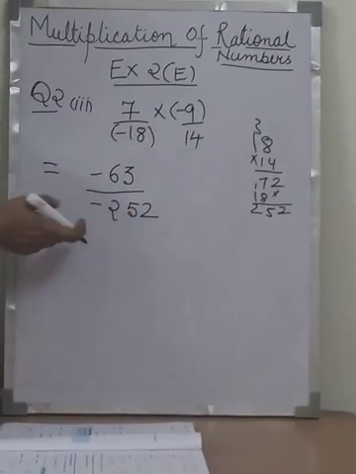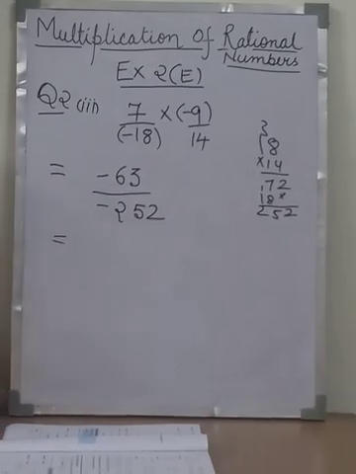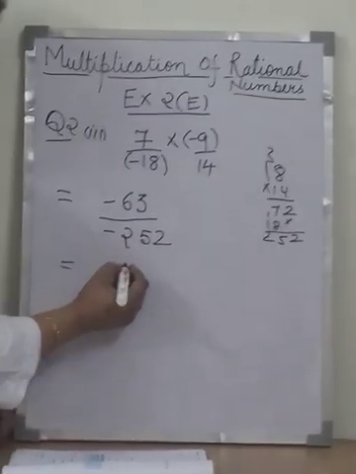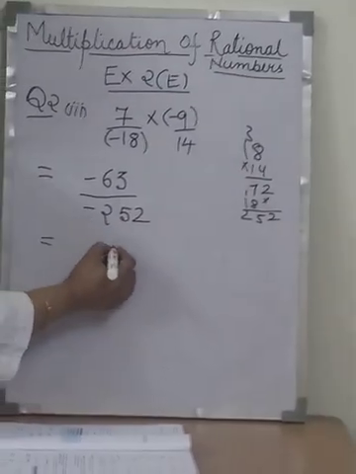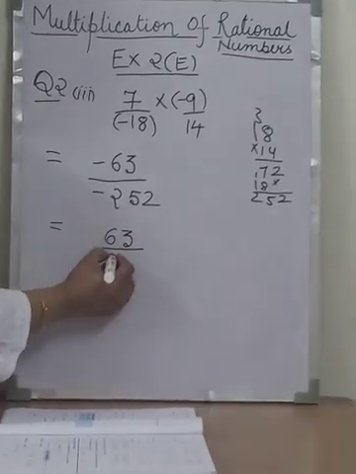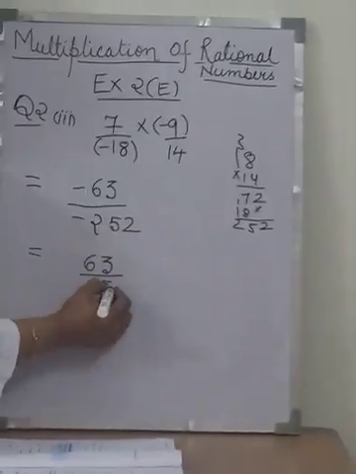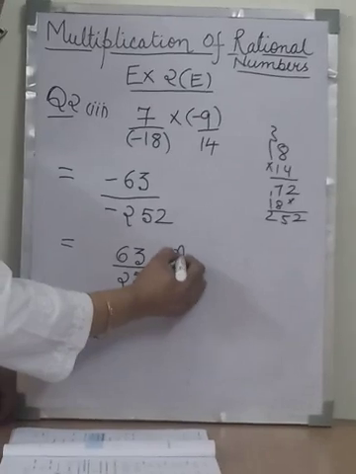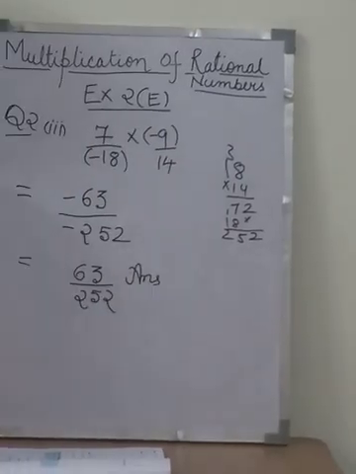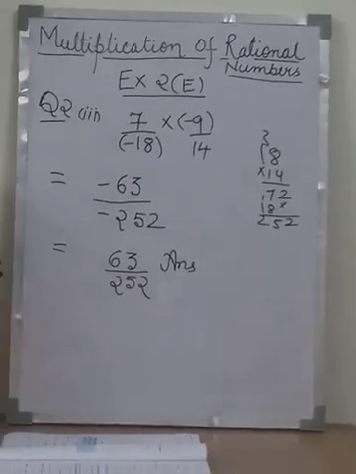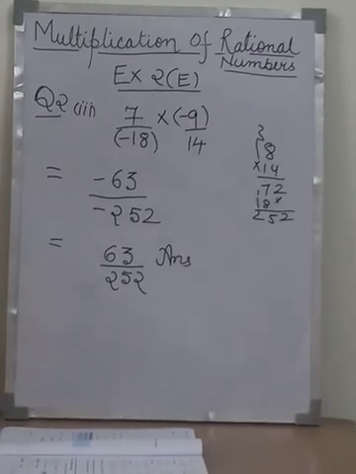Now numerator and denominator both are negative, so the final answer will be 63 upon 252. As it is a proper fraction, we leave the answer this way.